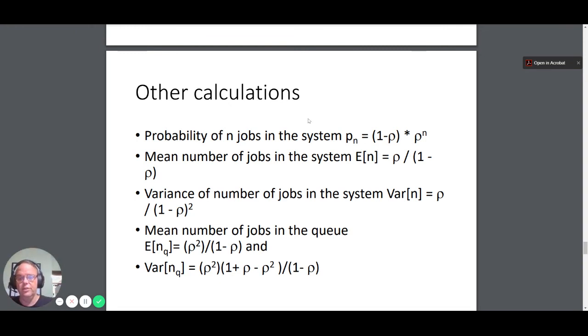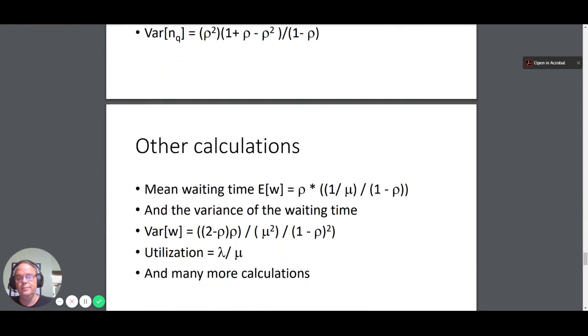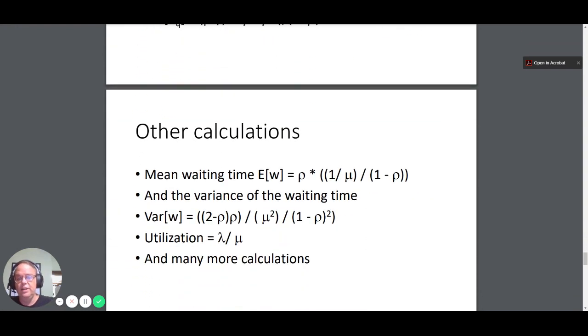So how much does that quantity vary? You can calculate the mean waiting time, and this is what they do when they determine how long you're going to be on hold, or when Disney says from this point there's a 15-minute wait to get on the ride. And you can also calculate the variance of the waiting time.